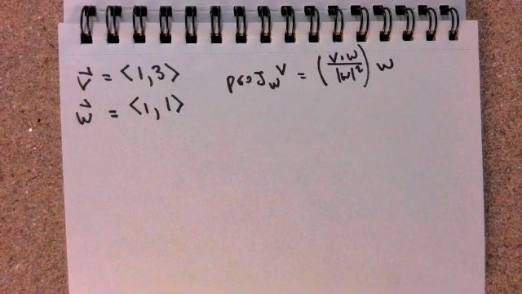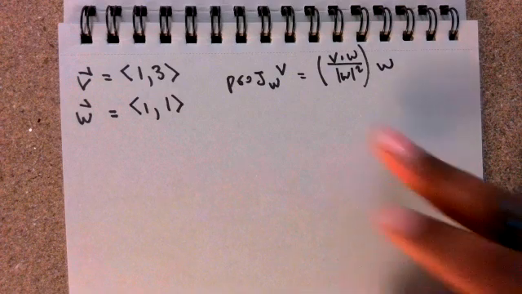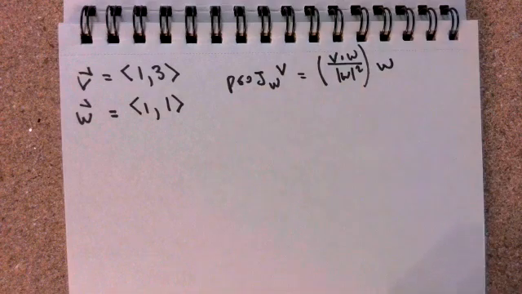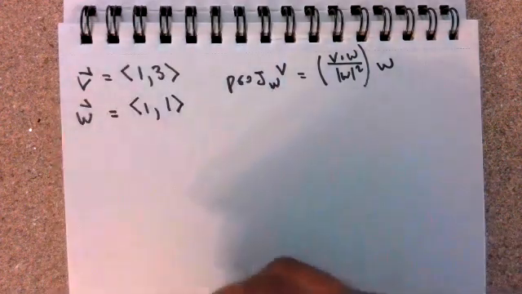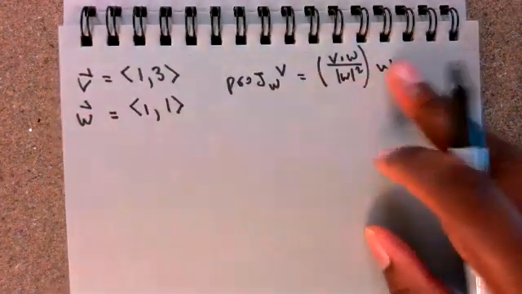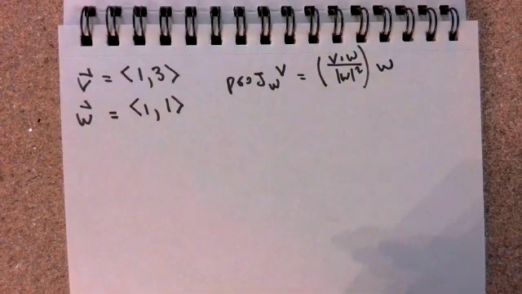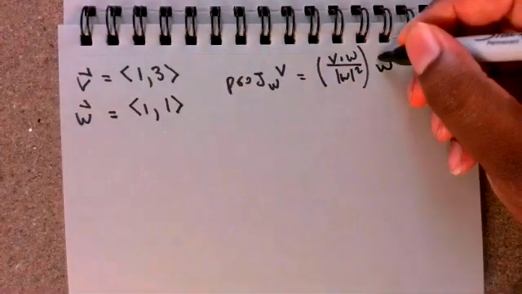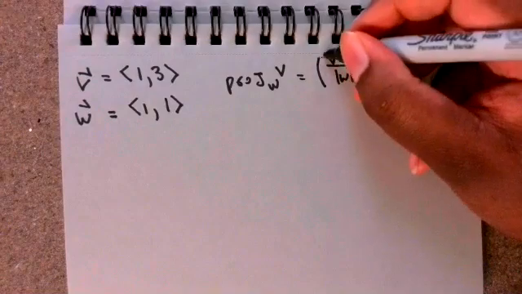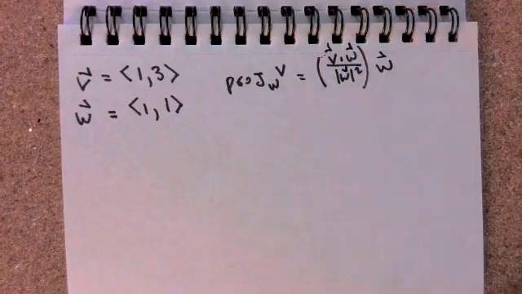Okay, well, let's do it. Let's just fill in the blanks. We already know what w is because that's what this is right here. I'm going to keep the notation the same because I don't want to confuse anybody.